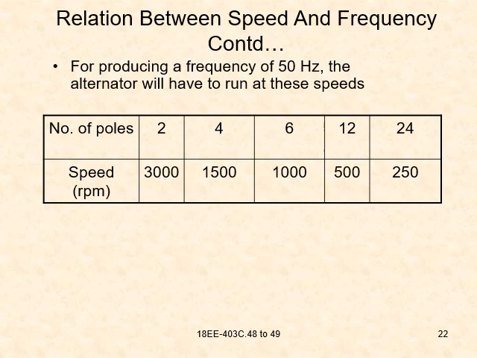We have seen here that F is equal to NP by 120. From this you can see N is equal to 120 F by P, by cross multiplying.